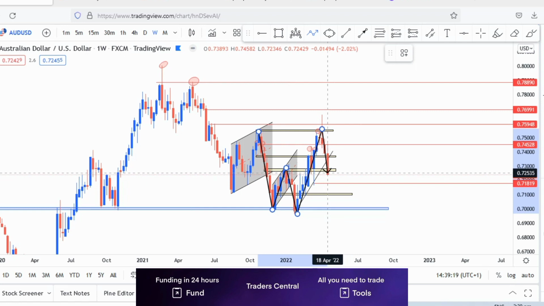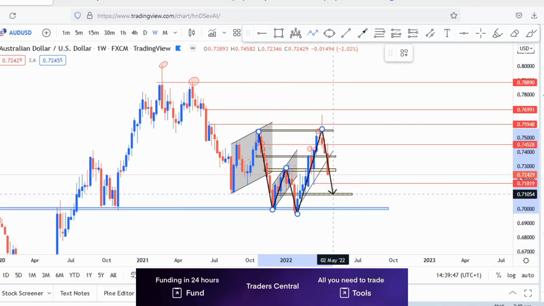So what I'm expecting is for price to more or less continue downwards a little bit, probably retrace up to the 0.72 area, and then we'll be looking for any reversals around there. But I feel like price will continue this bearish run just a little bit, but not too significantly to the downside.